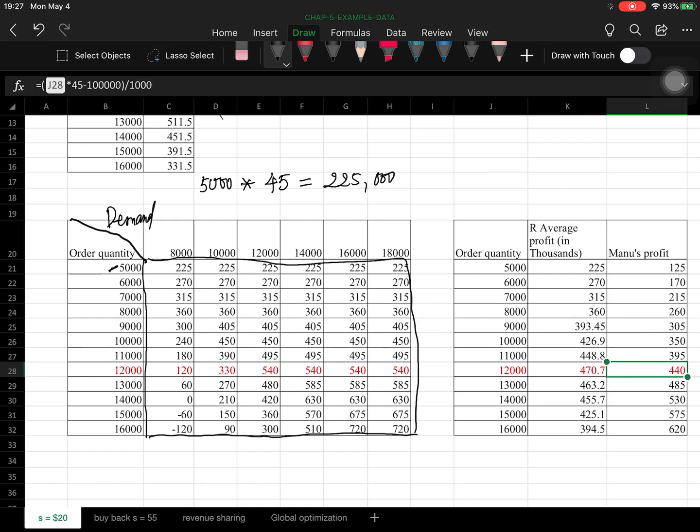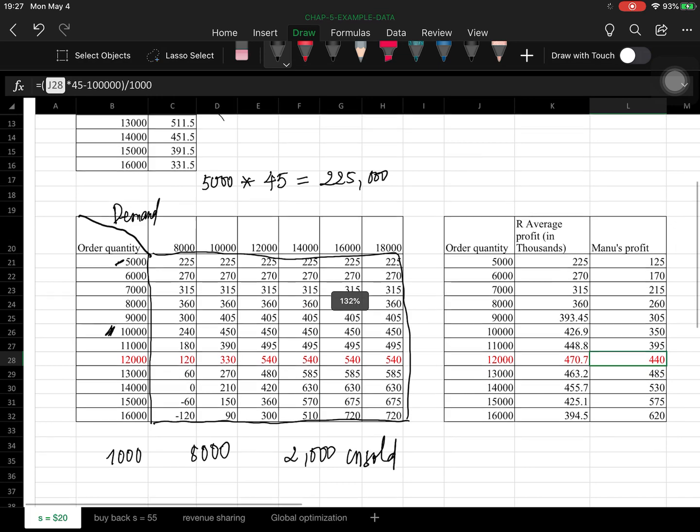But in case that they have extra, for example they order 10,000, but the demand is only 8,000, so they have 2,000 unsold.